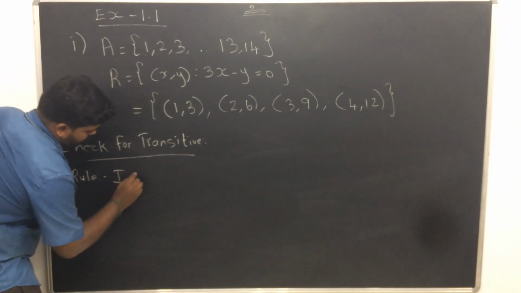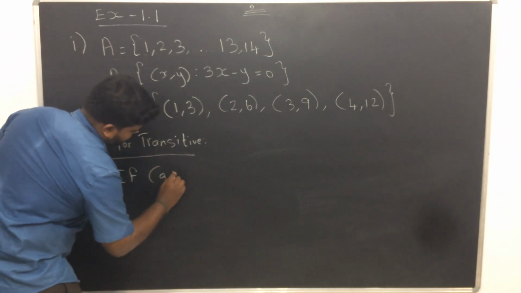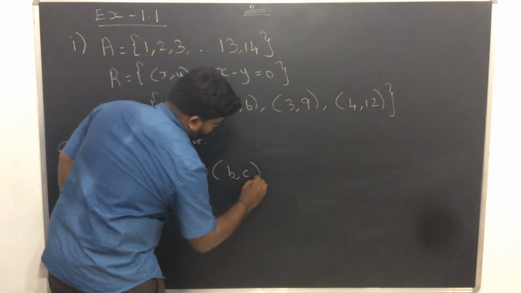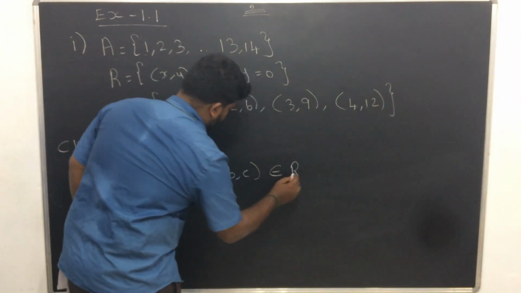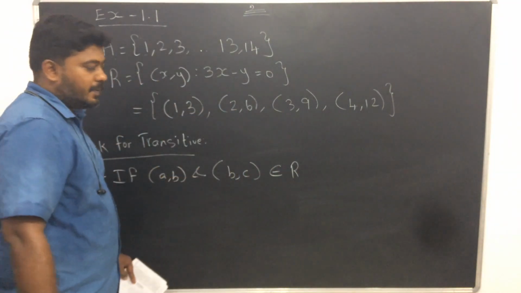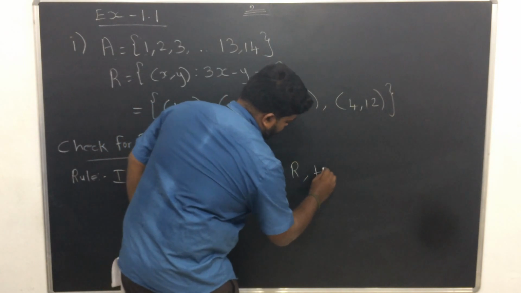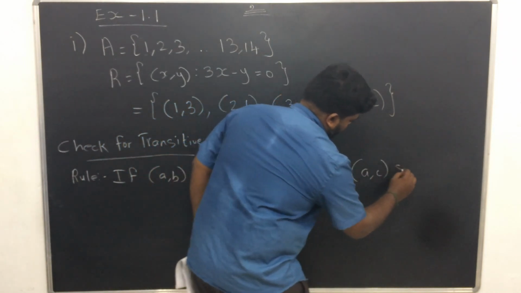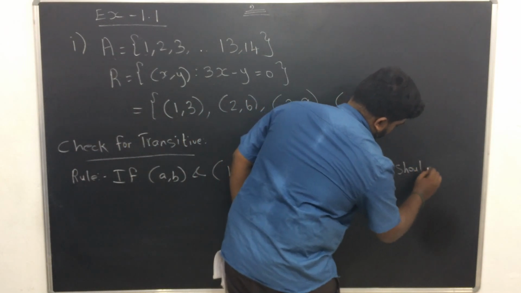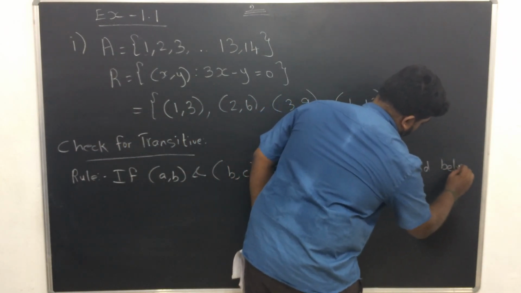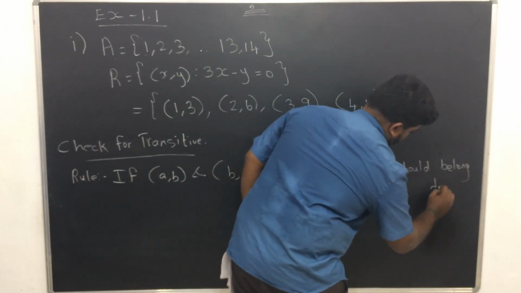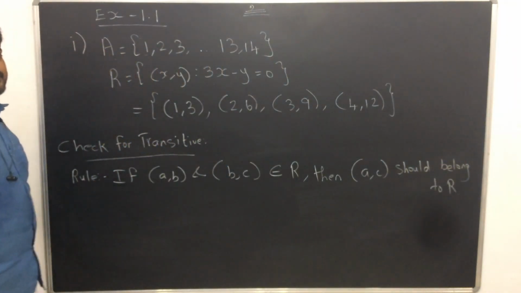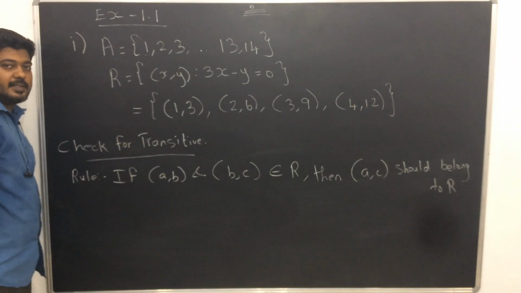If (A, B) and (B, C) belong to R, then (A, C) should belong to R. So this is the rule for any relation to be transitive.